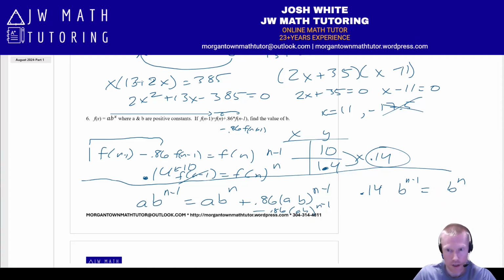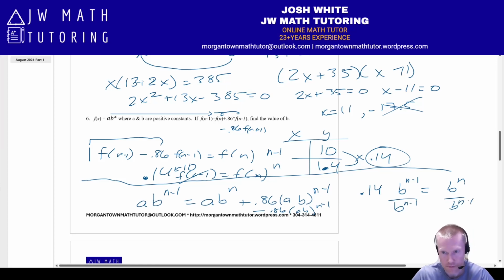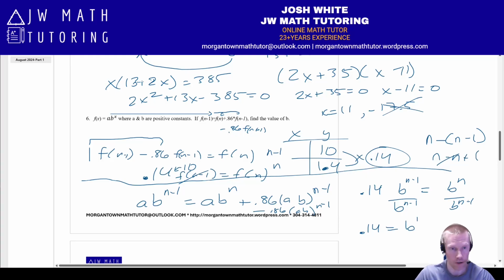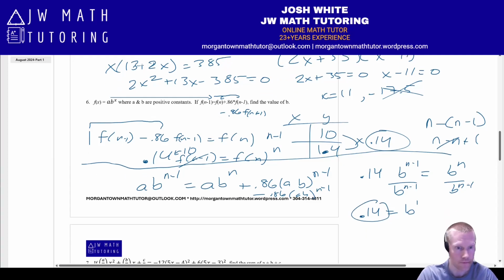Then, what you can technically do is, if you divide by b to the n minus 1, you get 0.14, and on the right, you subtract the exponents, n minus (n minus 1), which is n minus n plus 1. So you're just left with b to the first, and you get b equals 0.14. So that's just an alternate way to solve it as well and get the same answer.